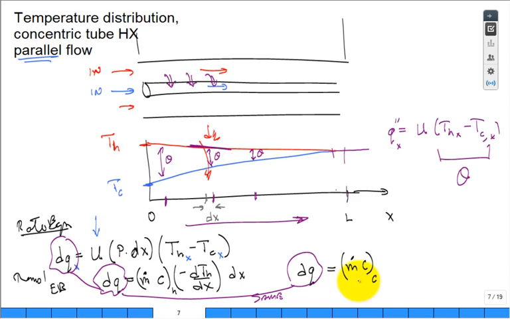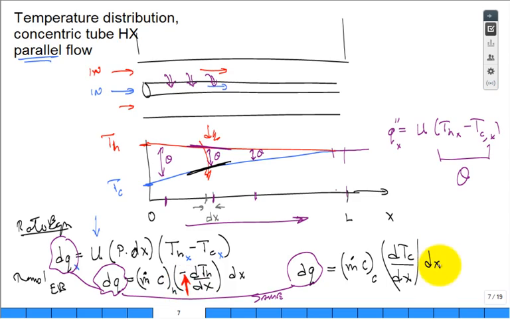So instead of putting m dot C and then C, I just say both of them are for the cold fluid, mass flow rate and specific heat of the cold fluid, and then the temperature change of the cold fluid with respect to x. Now in this case, as I move in increasing x, what is the slope? The temperature has a positive slope there, so I don't need a negative sign. First time you see it, you think, oh, that must be an error because they have a negative sign for the hot fluid and they don't have it for the cold fluid. I just emphasize it. Look at the slope of those lines. And then we multiply by dx.